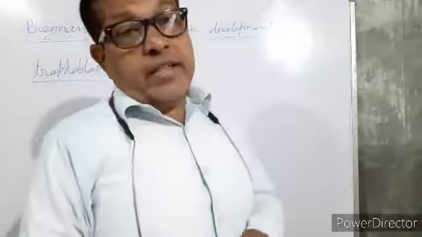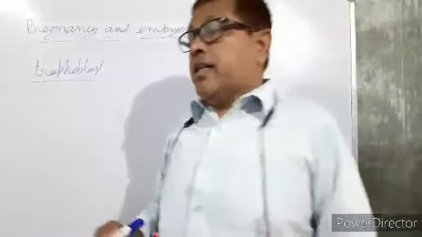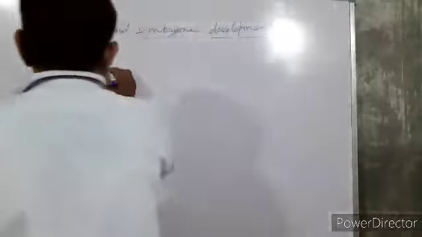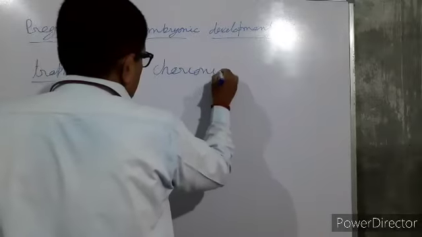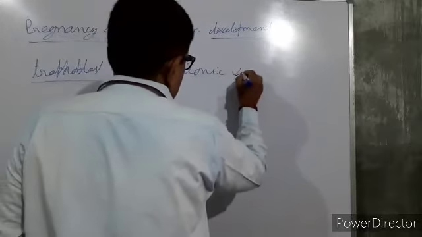This finger-like projection is called the chorionic villi.